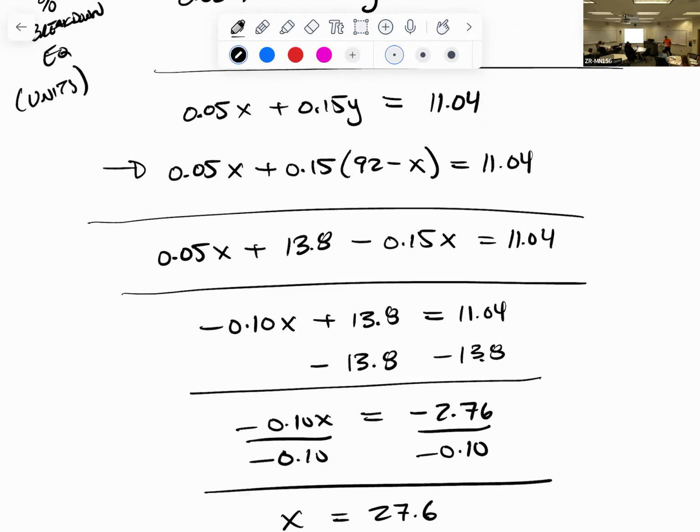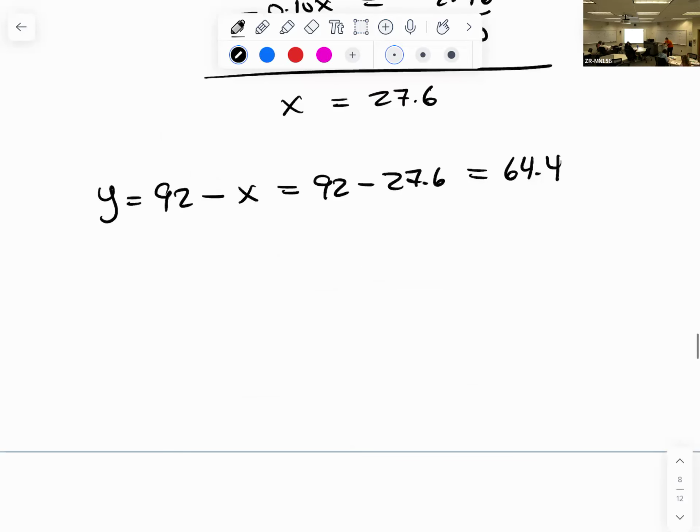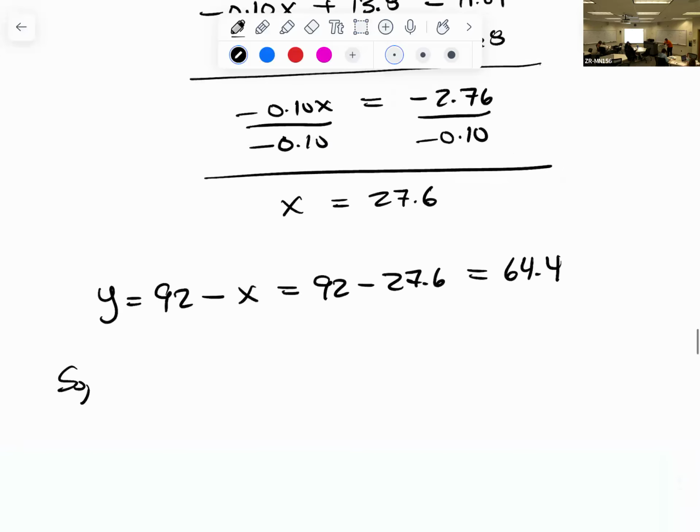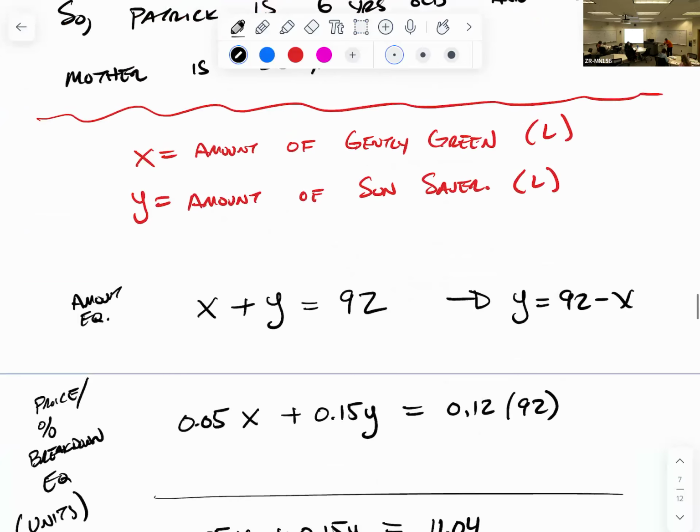Yeah. Okay, last part, important part. X was Gently Green.